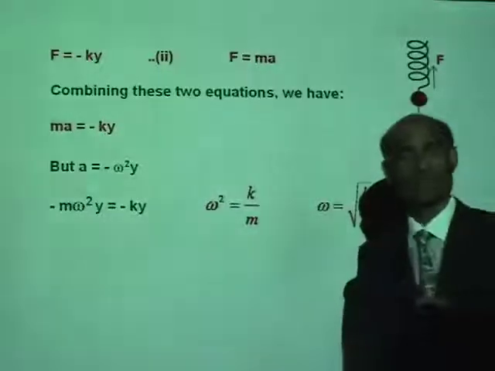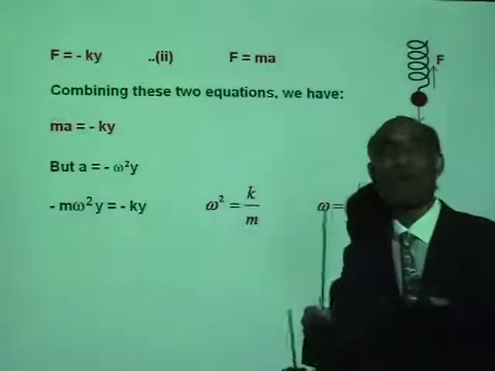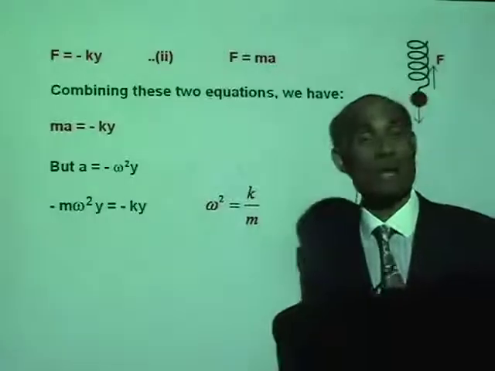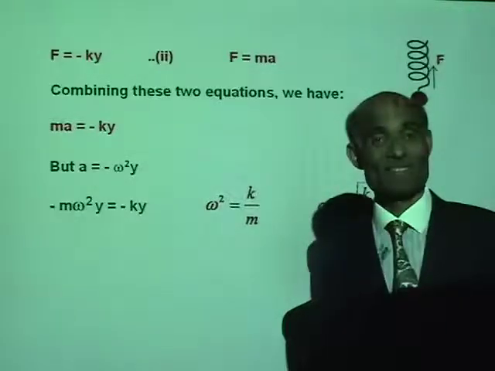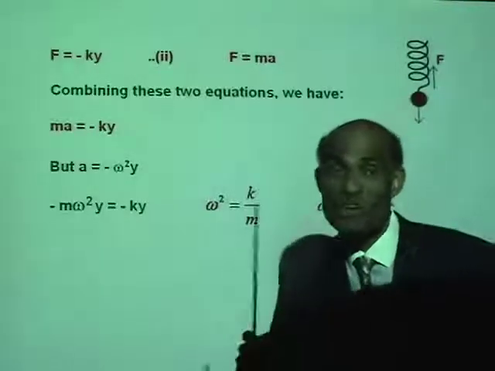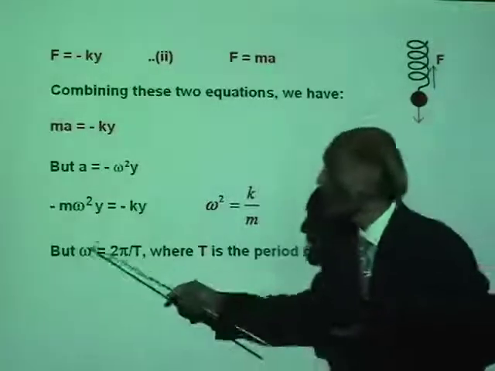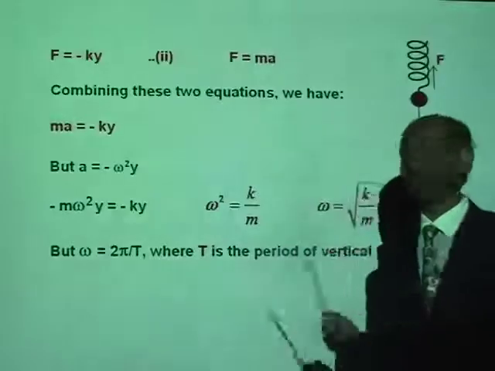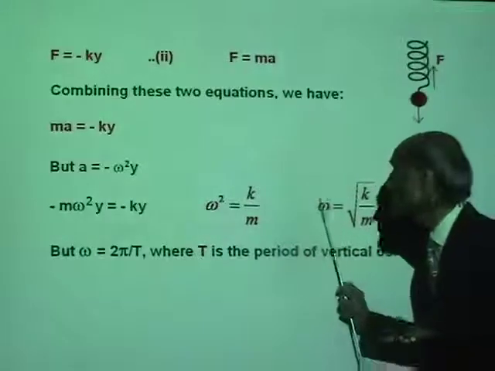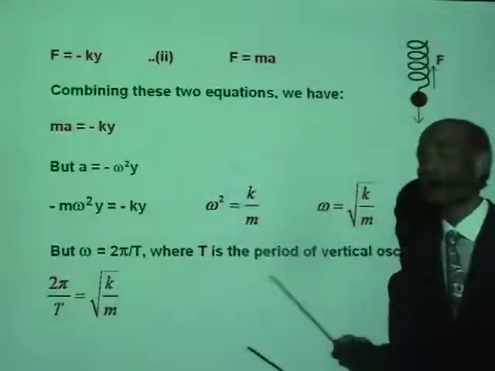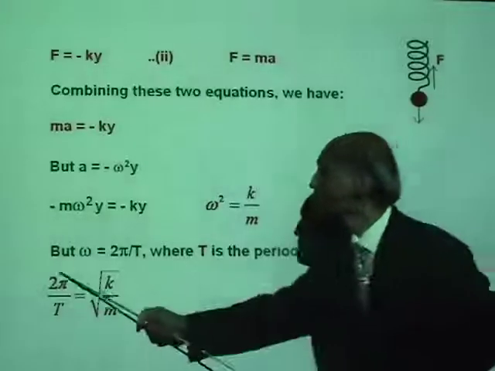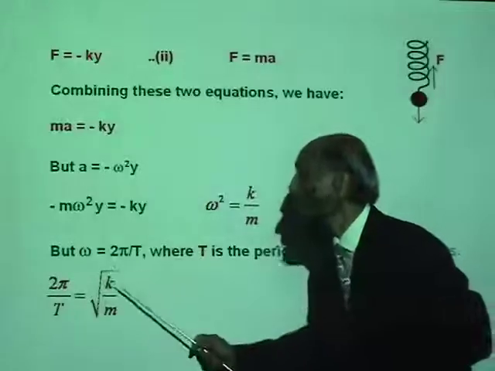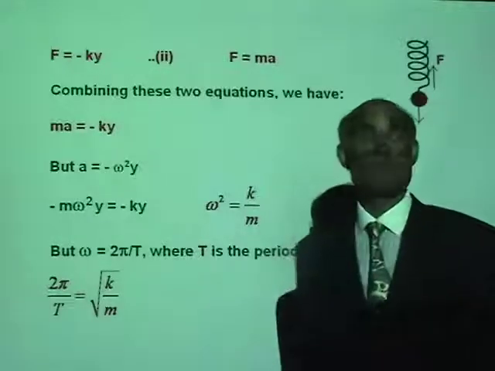Okay, now let me ask you, what is the equation for omega in terms of the period of a simple harmonic motion? I told you that is something you can never forget. Omega equals 2 pi divided by the period. So let's replace this omega by 2 pi over T. We can now see 2 pi over the period equals the square root of k over m.